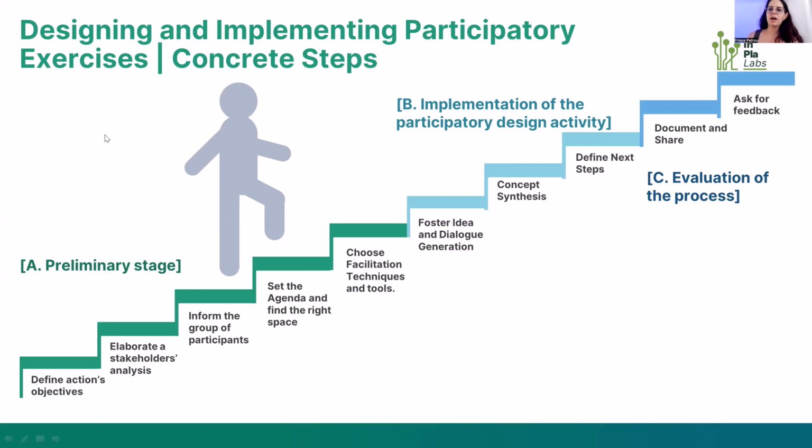For example, maybe the mayor has the power because they have the money; it's different to have 100,000 euros and to have 1 million euros to do the innovation. So we can understand in this way the weight of the opinion of the stakeholders involved.